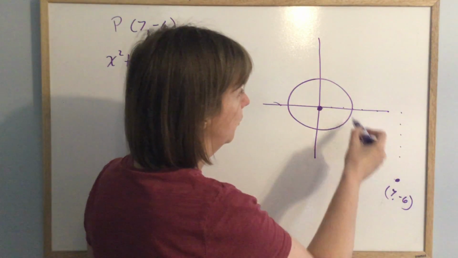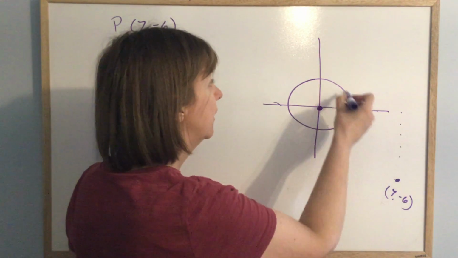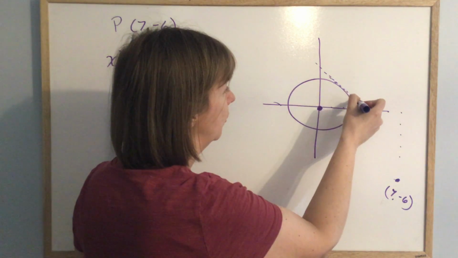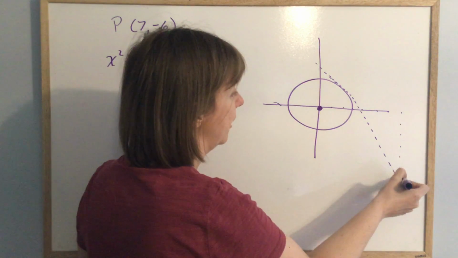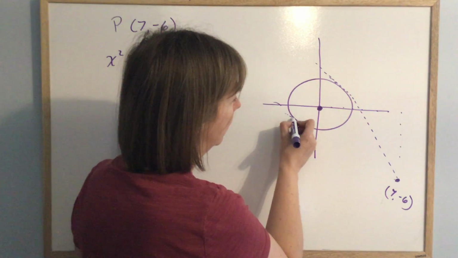So if there was a tangent line on this circle that ended up here, it might be coming across the circle. Remember, a tangent line only touches the circle in one spot. It might be coming from there, or it might be coming from this side.